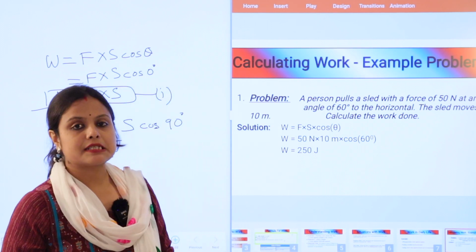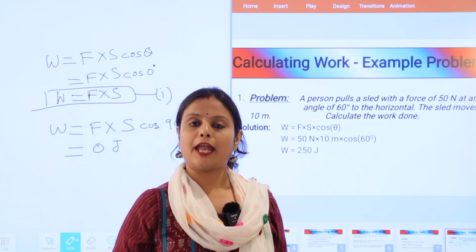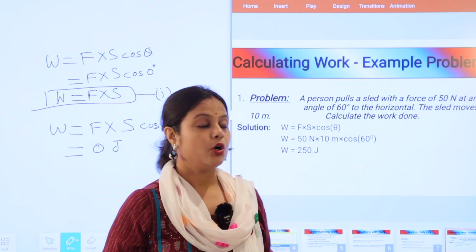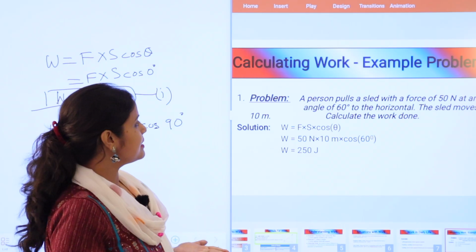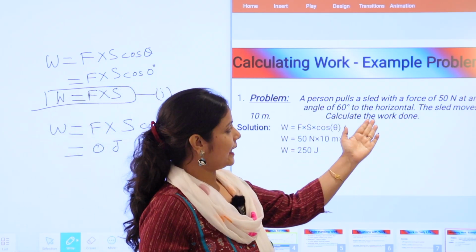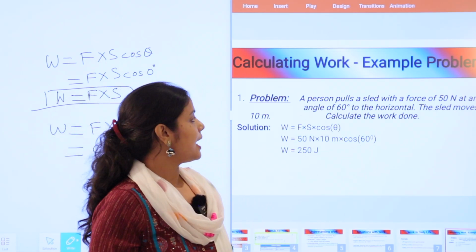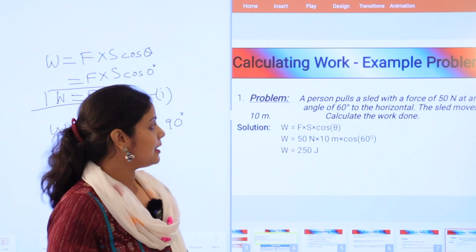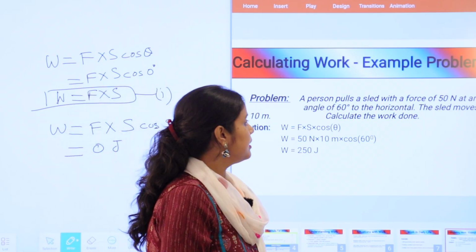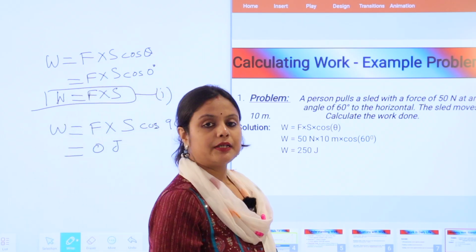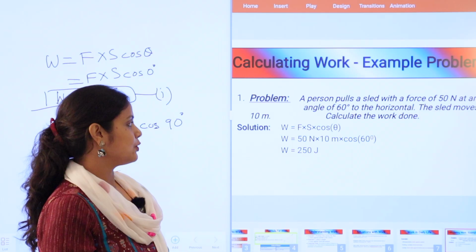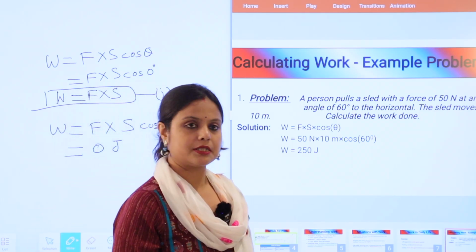So as we have discussed that W equals F S cos theta, we need to solve a problem also. A person pulls a slate with a force of 50 Newton at an angle of 60 degree to the horizontal. The slate moves 10 meter and we are going to calculate the work done. So W equals F S cos theta.